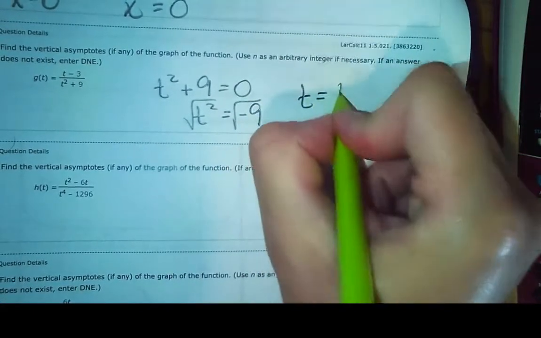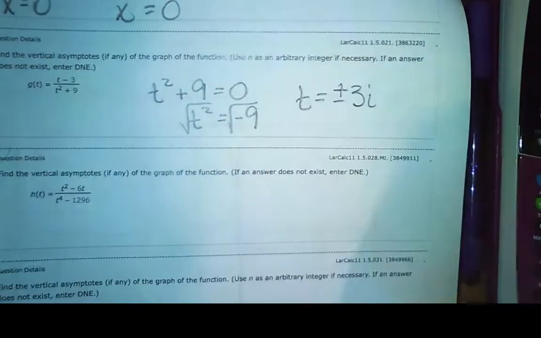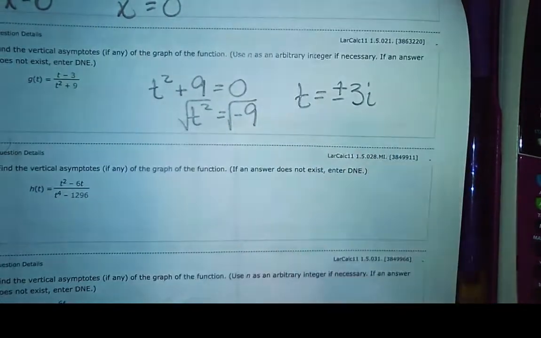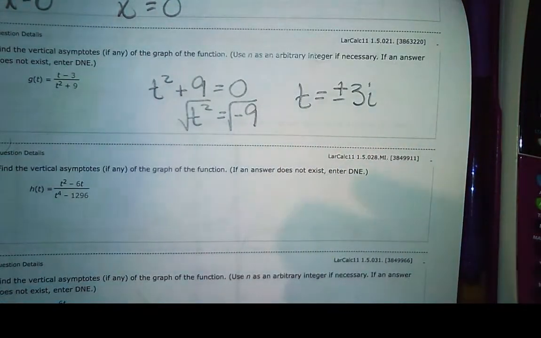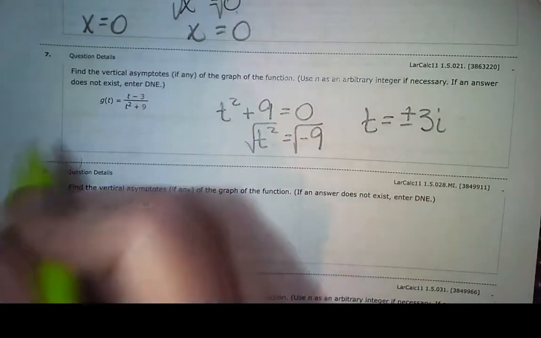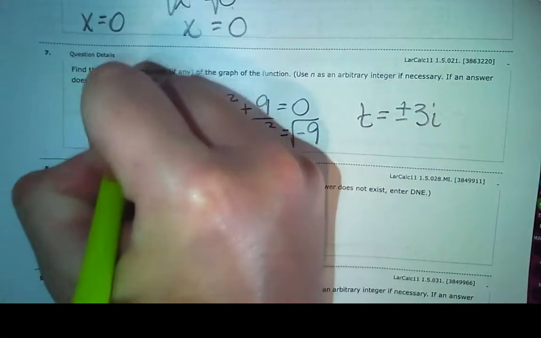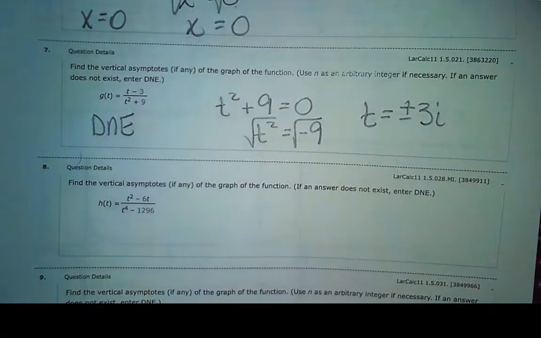So I get t equals plus or minus 3i. So you have imaginary solutions. That means it's impossible in the real number system for this t to equal 0. So what you have is d and e, because your denominator, good land of Goshen, your denominator cannot equal 0.